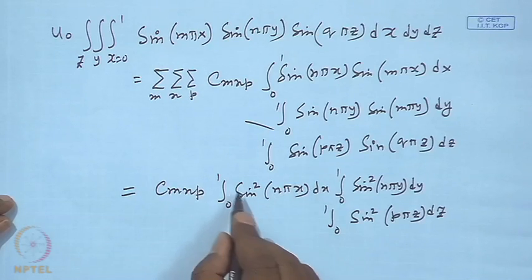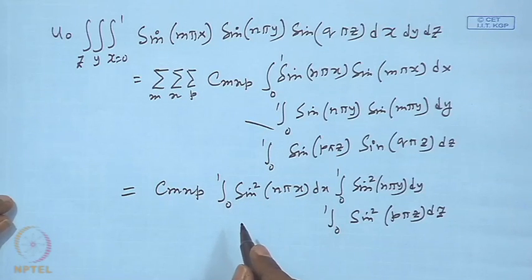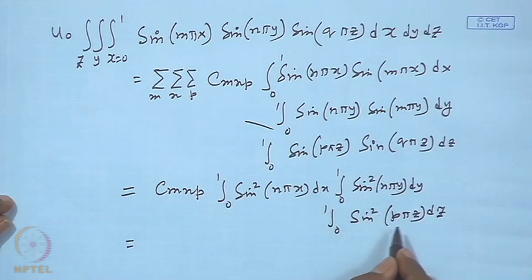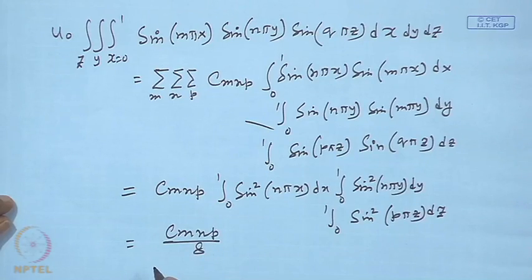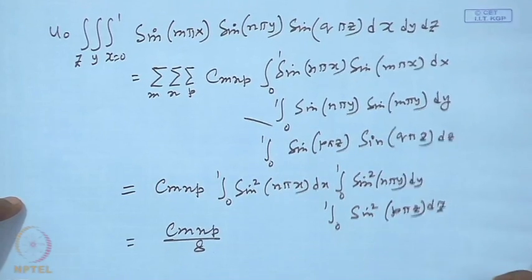Now, the value of each of these is half, that we have already seen. So, it will be 1 by 2, 1 by 2, 1 by 2. So, it will be 1 by 8. So, it will be C m n p divided by 8.